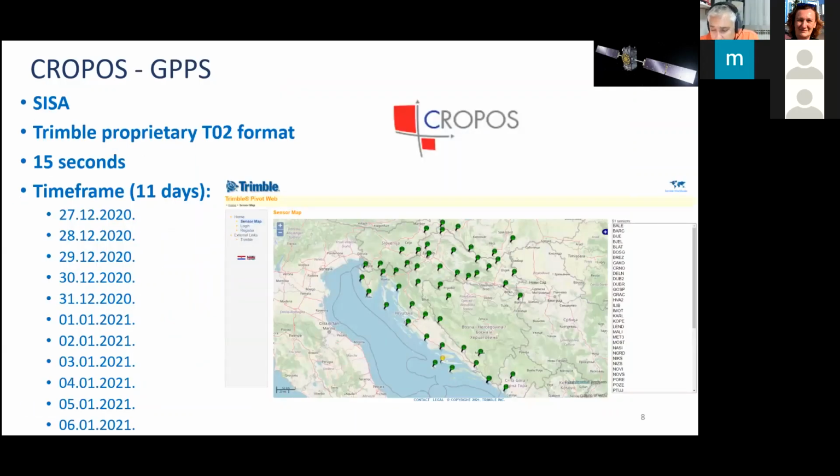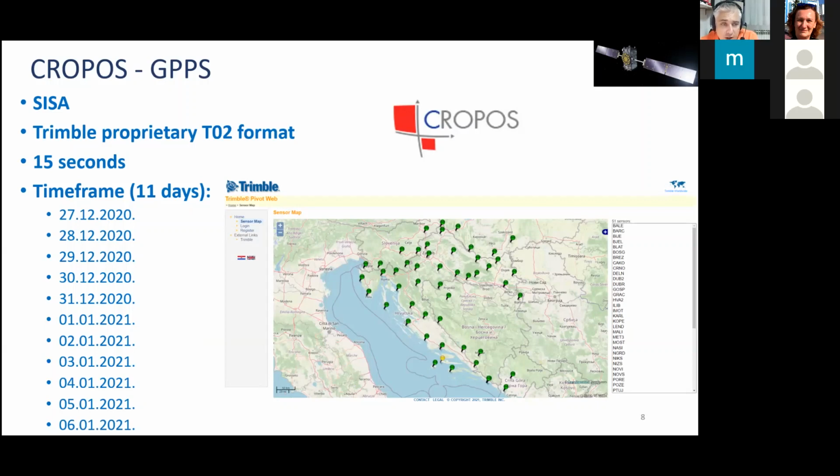The data used for the assessment of the earthquake were collected at the SISA station. They were downloaded from the GPPS service of Kropos in the Trimble T01 proprietary format, and the logging interval was 15 seconds.